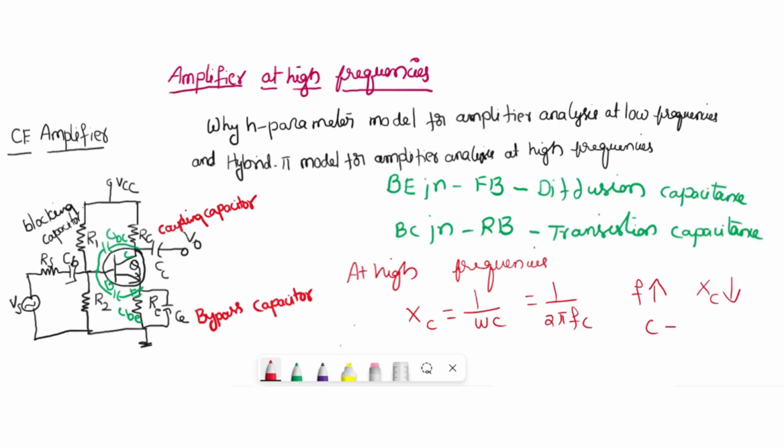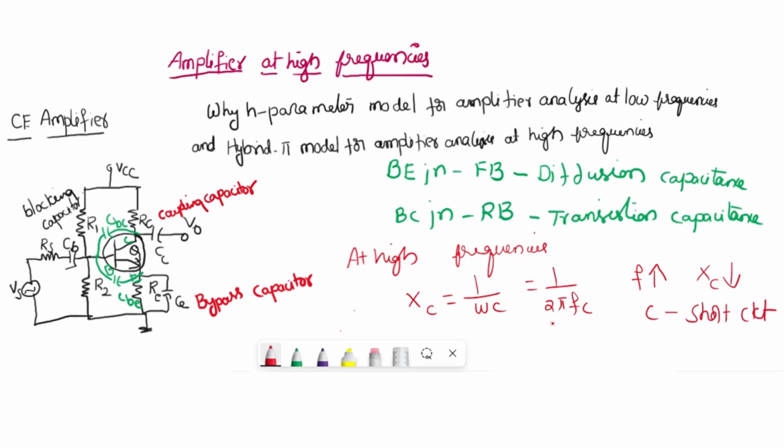When the reactance is low, the capacitor acts as a short circuit. Like when the resistance value is less, it allows more current, it freely allows the current. In the same way, when the reactance is less, the capacitor also allows high current, meaning it acts as a short circuit.